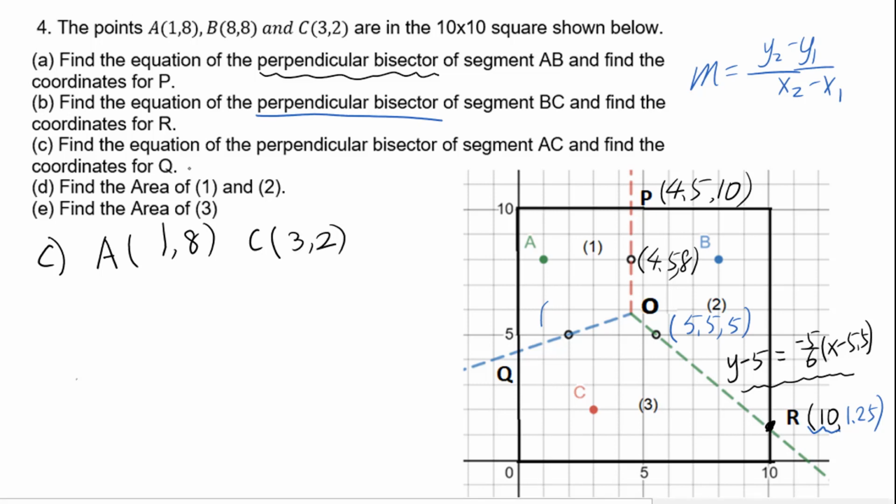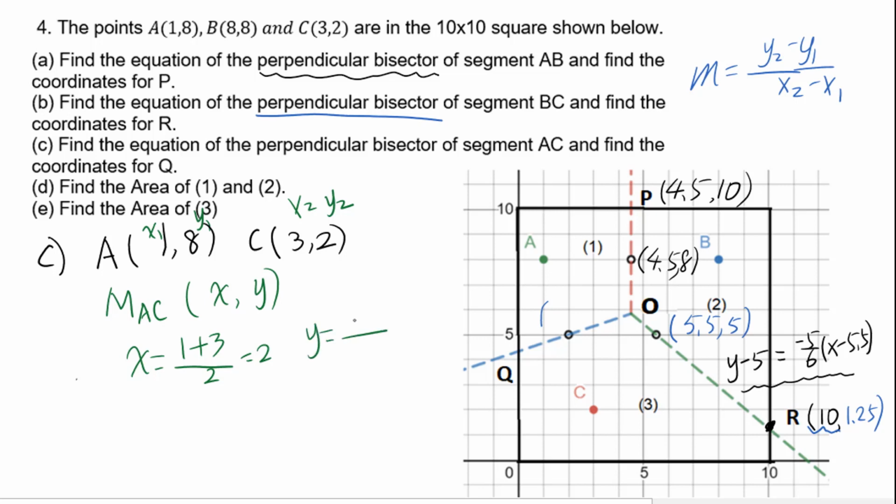Then label as x1, y1, x2, y2. Try to get the coordinate of the midpoint of AC. Label as x, y. So your x equals (1 plus 3) over 2 equals 2.